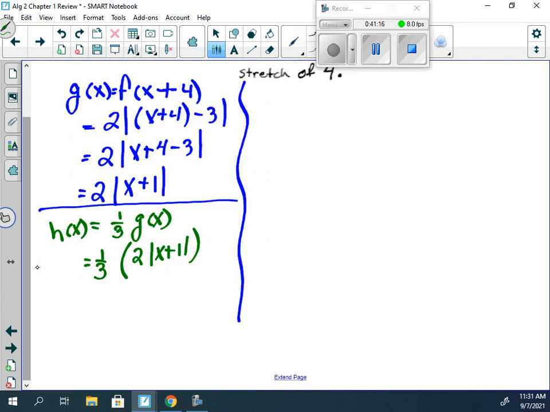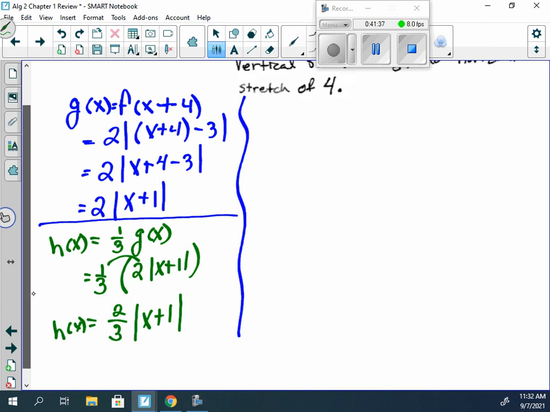And then we need to distribute the 1/3, and really we're just multiplying it by the 2 because the 1/3 will not go inside the parentheses or inside the absolute values. So 1/3 times 2 is 2/3 times the absolute value of x plus 1. So we did the first 2, we're only missing 1, yes?